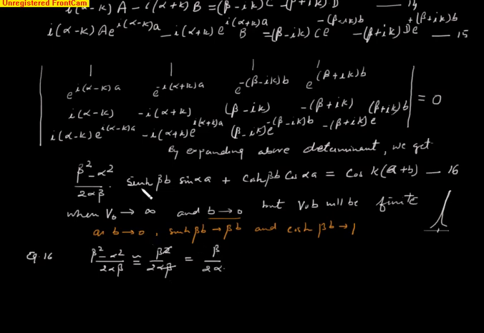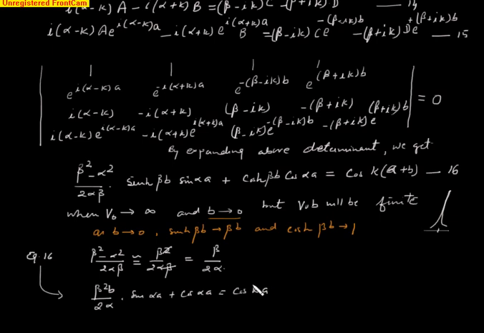And if we put this value here, then equation 16 becomes beta square b over 2 alpha into sine alpha a plus cos alpha a is equal to cos ka.